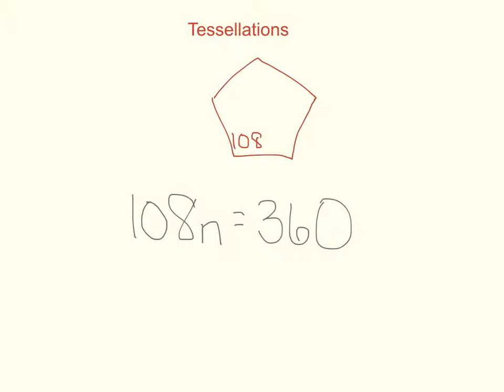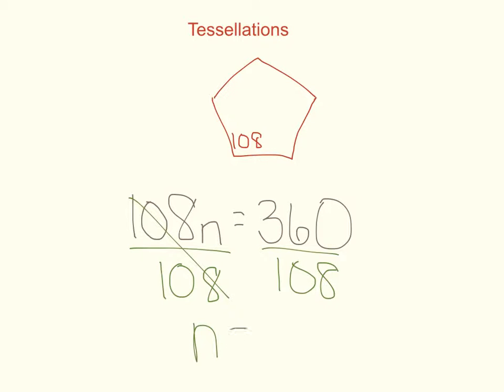We want to figure out how many pentagons can be put together to equal 360. So we divide both sides by 108, and we get n equals 3.3. Well, we know that we cannot have 3.3 of a shape, which means that you are not able to use the pentagon to create a tessellation.